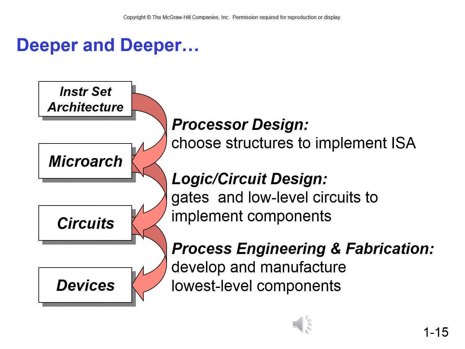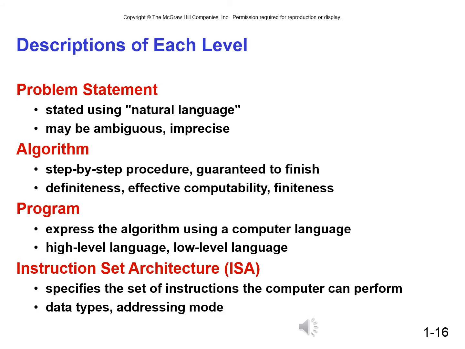And then we need the logic circuits, the gates, and the low-level circuits to implement those components. And process engineering and fabrication: how do we manufacture and develop those low-level components, the actual chip-level components? And it goes all the way down to the smallest building block of a modern computer, a transistor. And we're actually going to have a significant conversation about transistors.